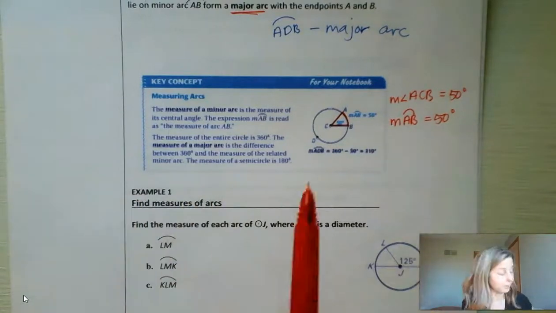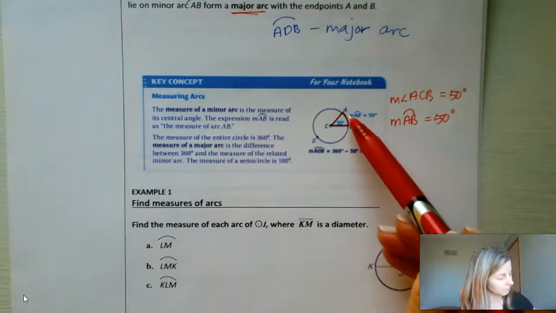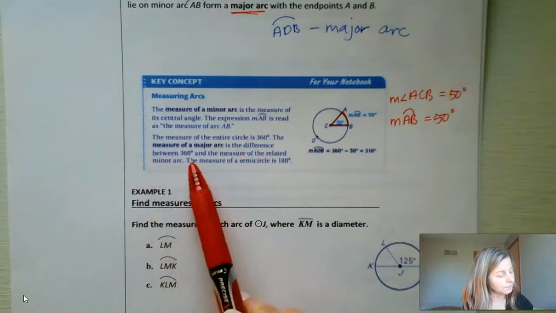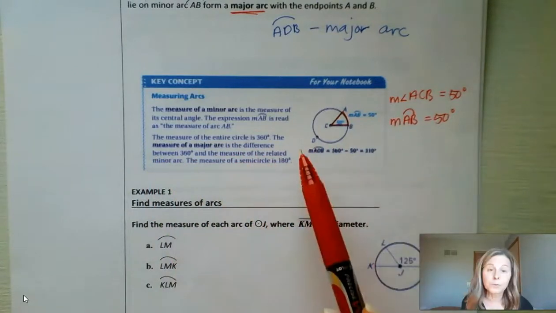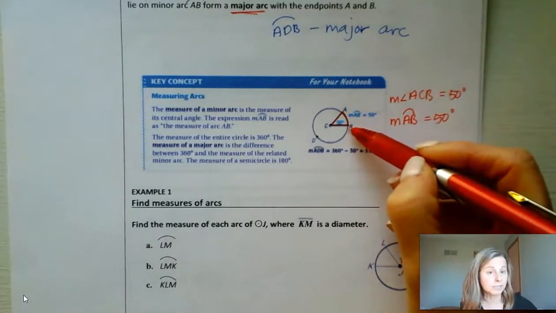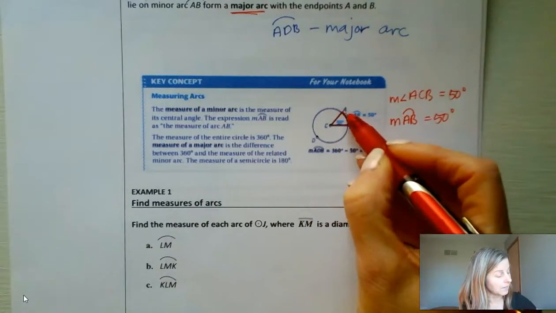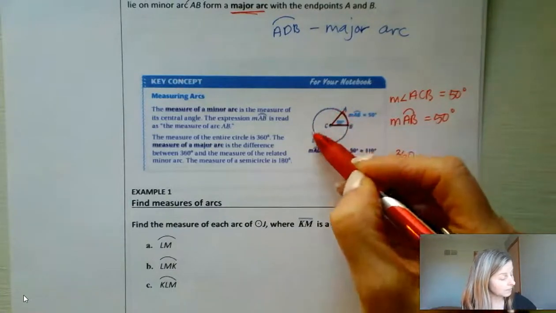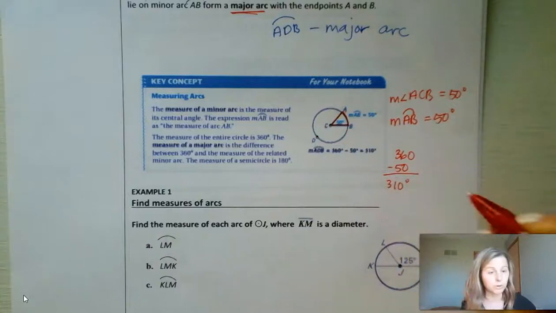Now, actually, let me hold that thought. Moving on, the measure of the entire circle is 360 degrees. So if I went all the way around, the measure of a major arc is the difference between 360 degrees and the measure of the related minor arc. So for example, in this picture, if arc AB is 50 degrees, well, if there's 360 degrees all the way around and this section is making 50 degrees of it, then the rest of the arc, or that other major arc, is going to end up being 310 degrees.